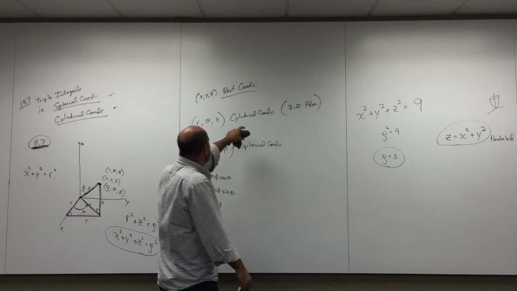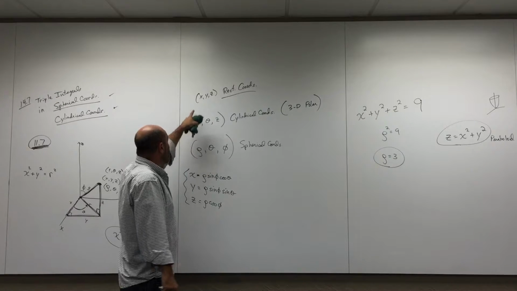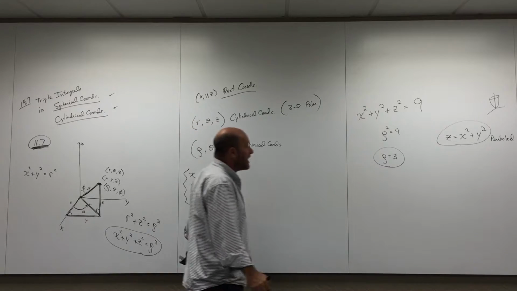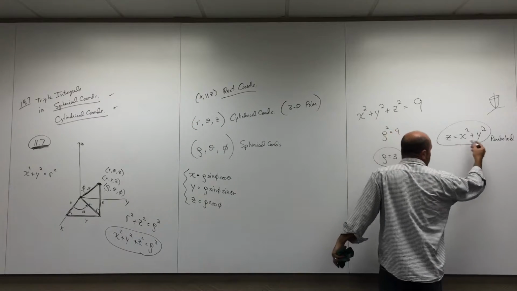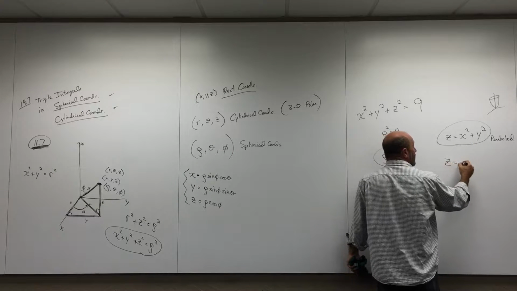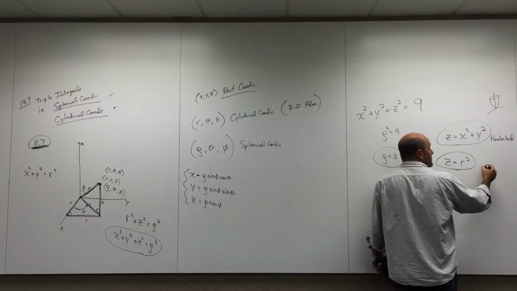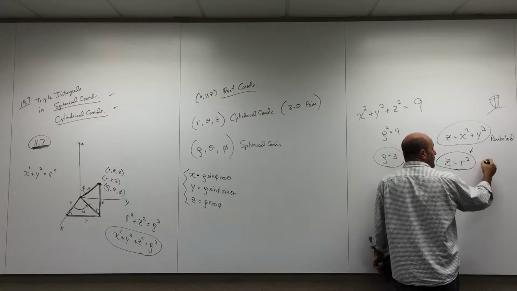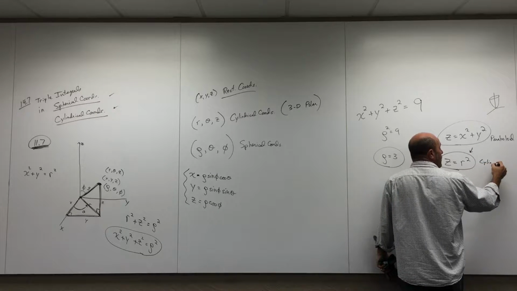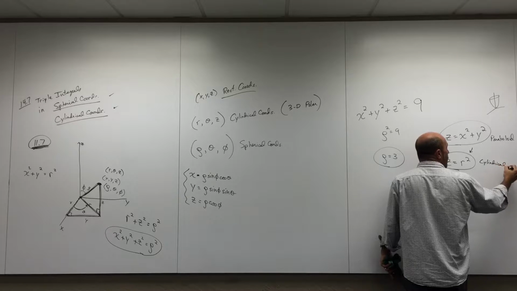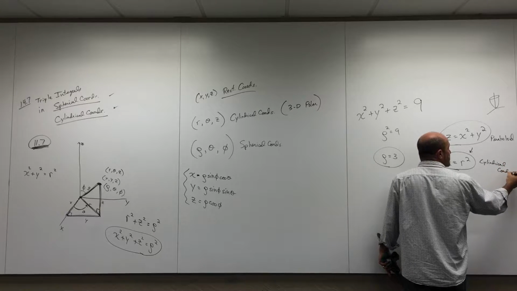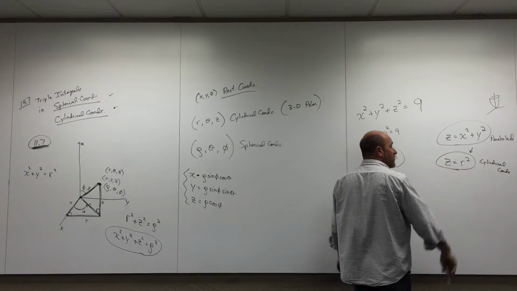If you're converting to cylindrical, that means you're converting the x's and y's into r's and thetas. What would you do with an x squared plus a y squared? You call it an r squared. That's a paraboloid in cylindrical coordinates, and z equals r squared is its equation.